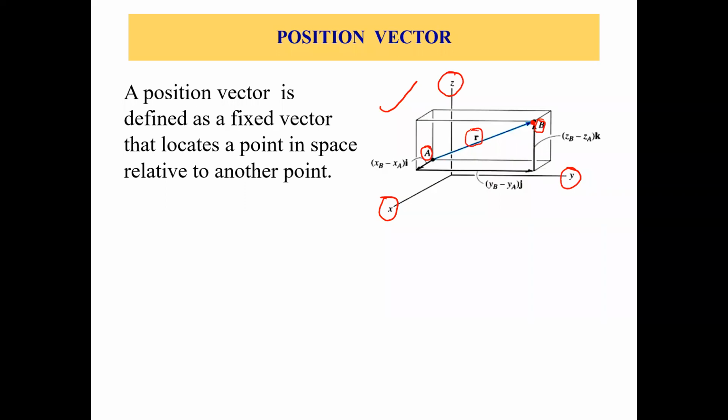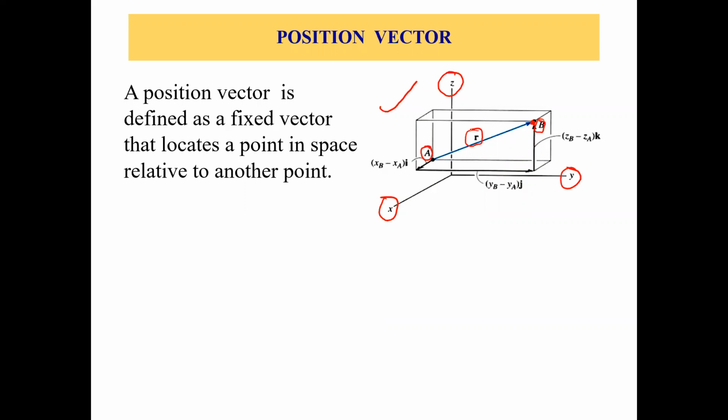Now, for the moment, let's talk about RAB. So how do we get RAB, or position vector from point A to point B? Always remember, we go from tip to tail. We also call it the tip to tail rule.